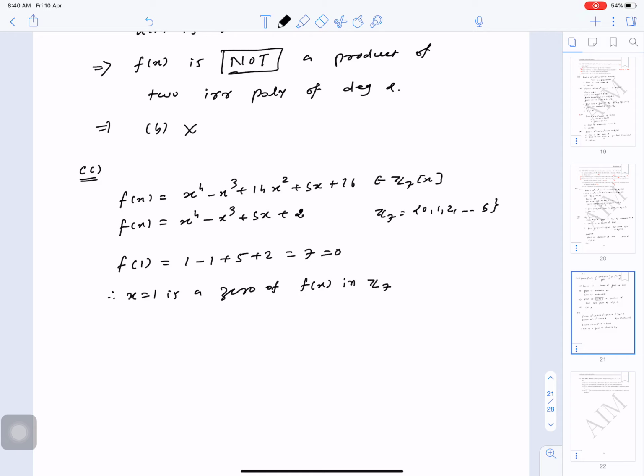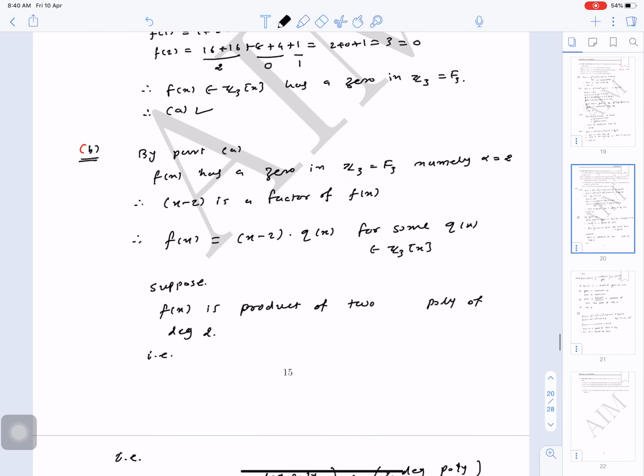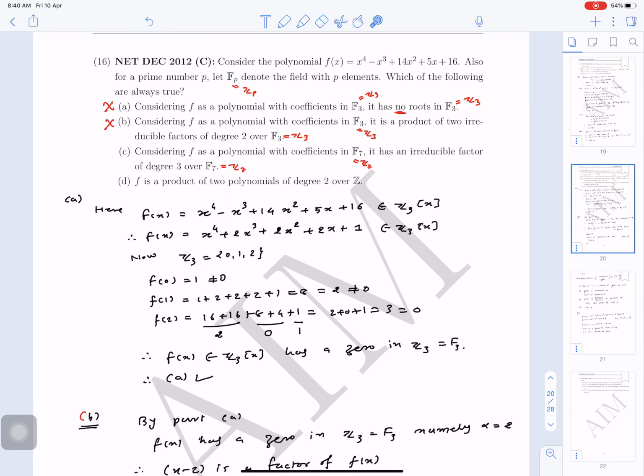So x minus 1 is a factor of f(x). And in option C we say that f is a polynomial over Z7 which has an irreducible factor of degree 3 over Z7. So we got one factor, it is x minus 1. So the remaining factor will be of degree 3.